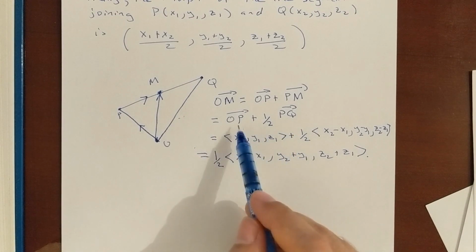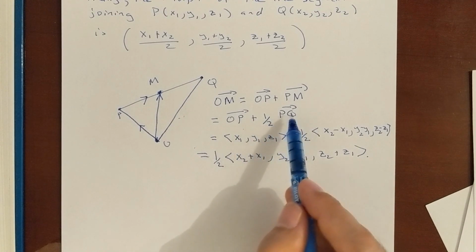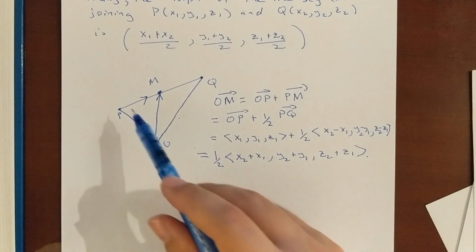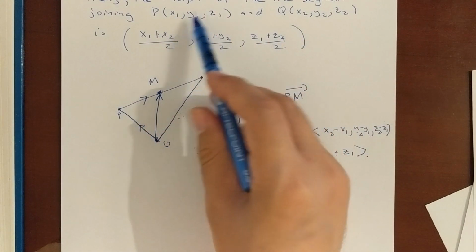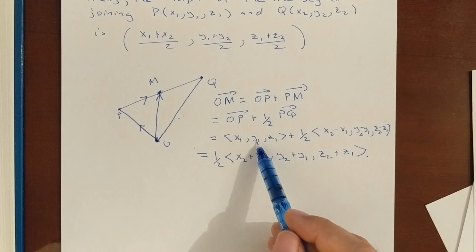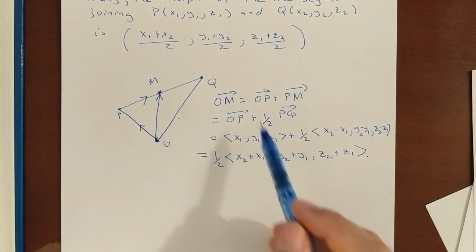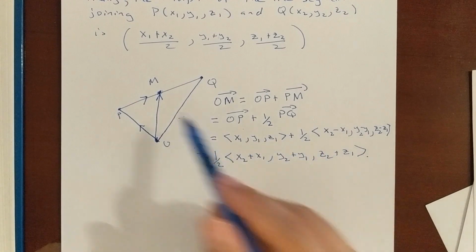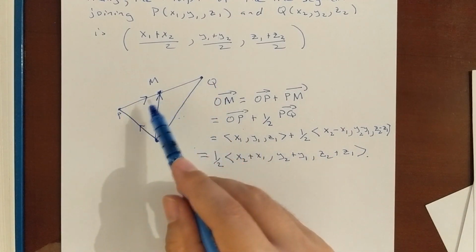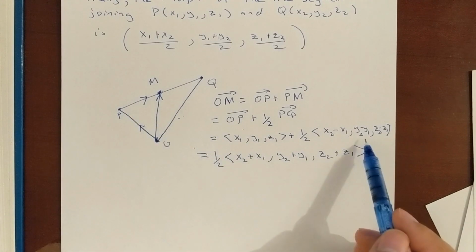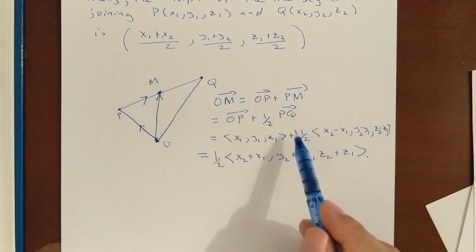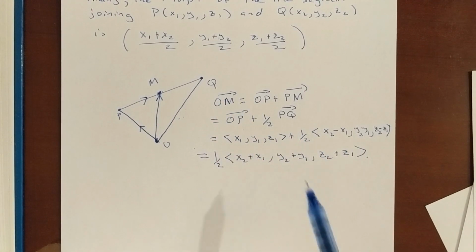It's just 1/2 PQ. So you have OP plus 1/2 PQ. What is OP? OP is just the coordinates of this point, x1, y1, z1 as a vector. And half of PQ would be x2 minus x1, y2 minus y1, and z2 minus z1, each divided by 2.